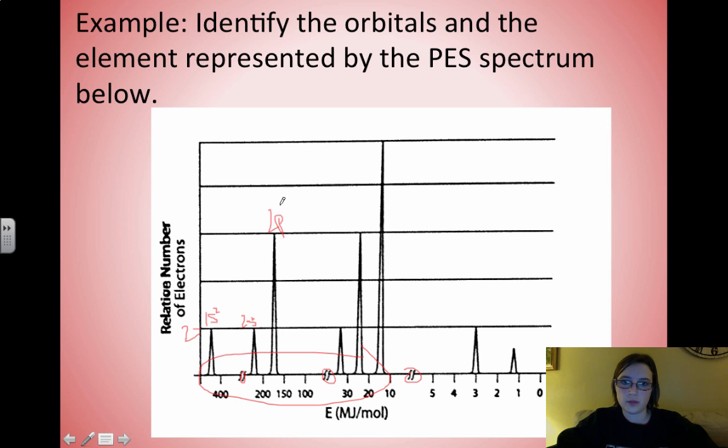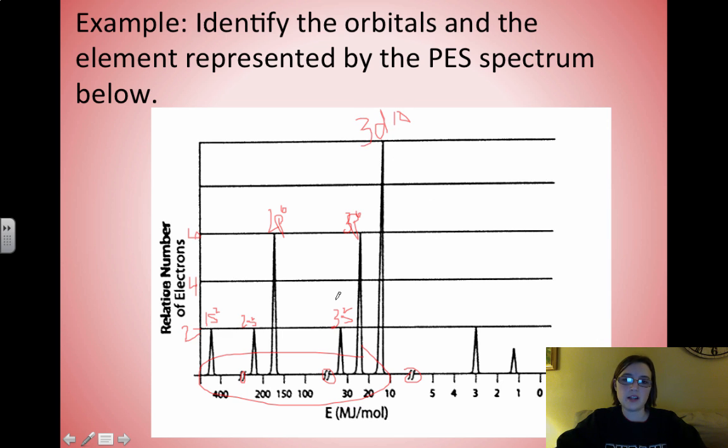That's 2p6. Each line represents 2 electrons. Then we come to 3s2, 3p6. Now notice this has 10 electrons, so this is actually the 3d10.